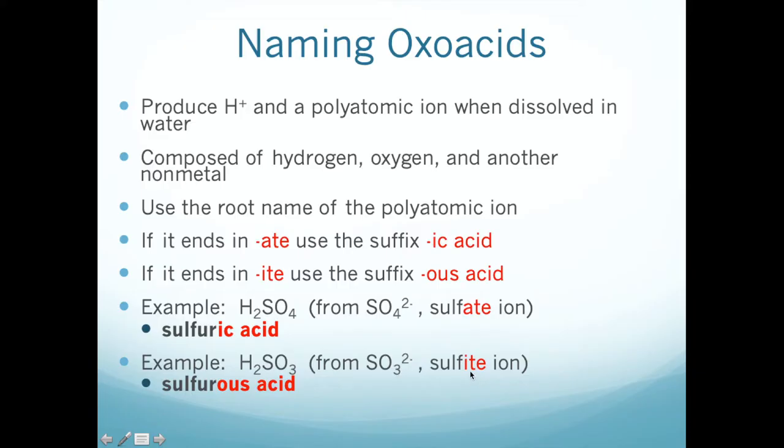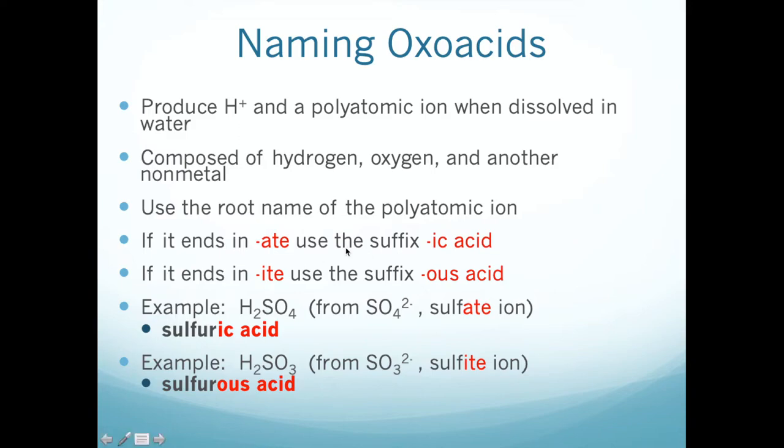So in the case of these ions that end with ite, the acid's going to end with ous acid. Keep that in mind when you look at your ion name. You're going to have the corresponding acid name to line up with that. So sulfite gives us sulfurous acid, nitrite gives us nitrous acid, and so on.